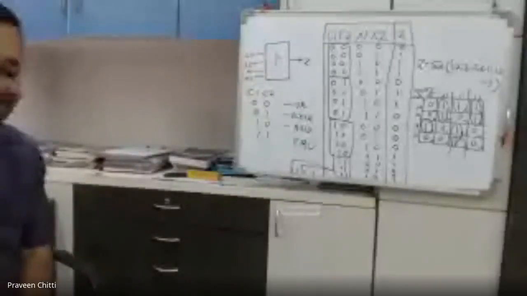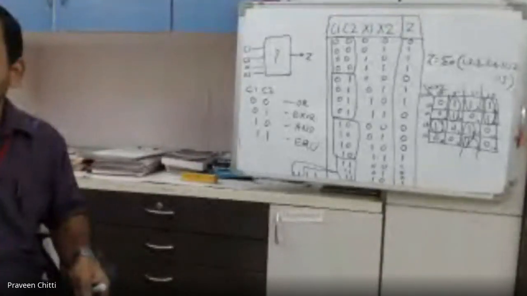Sir, understood, but the board isn't clear. Board is not clear. It's very blurry. I mean, your video itself is blurry. Just a minute, I'll check. Check now. Yes, a bit clear now, but still, sir, we can't read the video quality.